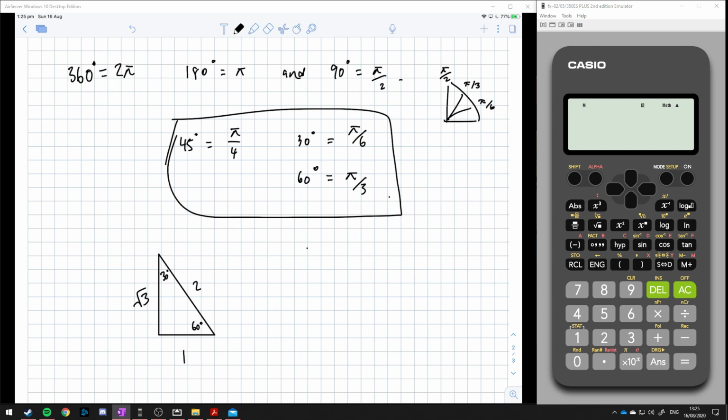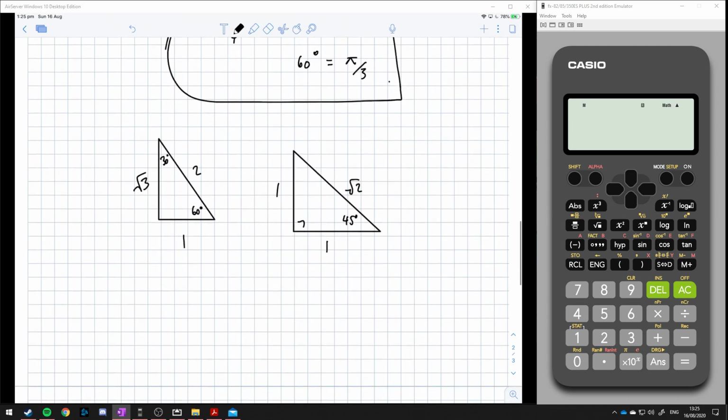And we also have our equilateral one, which is 2, oh no, that was the equilateral one, whoopsies. I meant the isosceles one, which is 1, 1, and root 2, which is our 45 degree triangle. So you'll need to know these trig ratios in a bit as well.